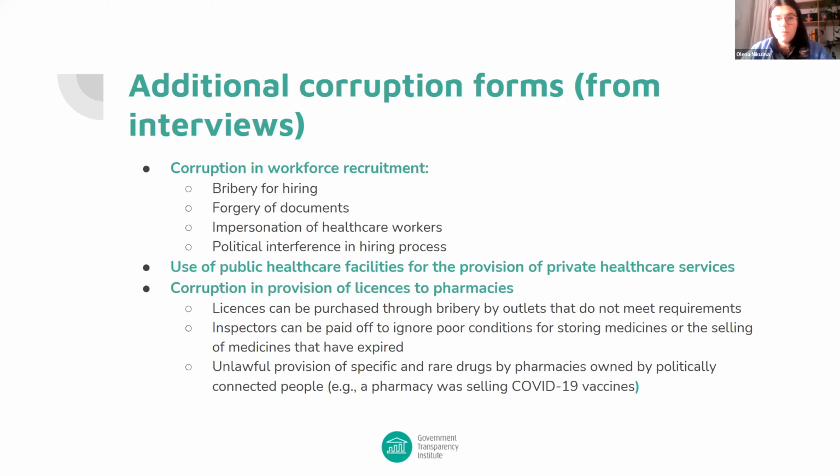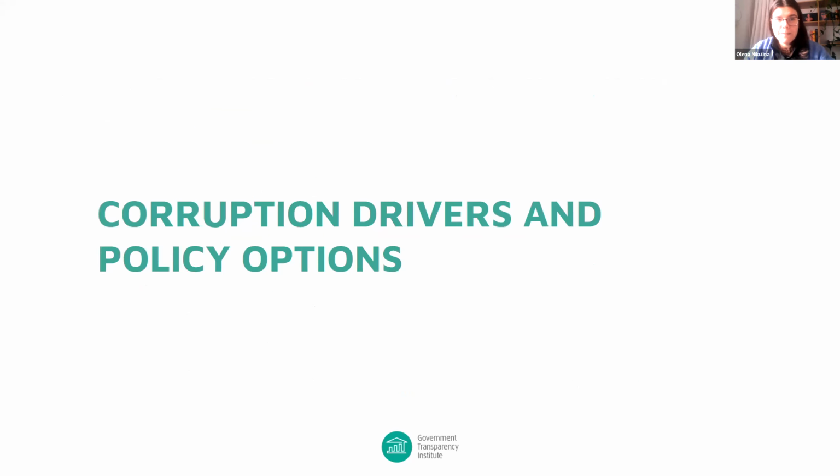There is also use of public healthcare facilities for the provision of private healthcare services, and corruption in the provision of licenses to pharmacies. And we are moving to corruption drivers and policy options, and I return the show to Mishi.